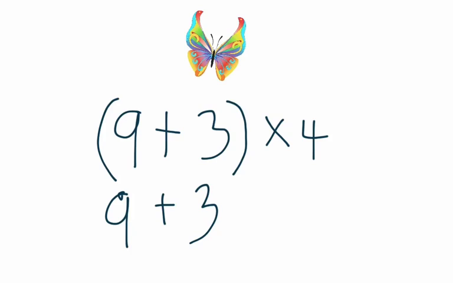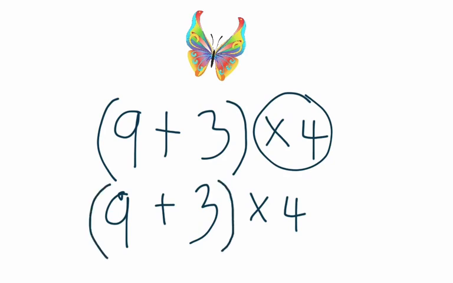And then to have my groups of 4, I would say I saw the exact amount of butterflies for 4 days in a row. And again, you would have to put the parentheses around these because I have to know the total of one day first before I multiply it by 4.